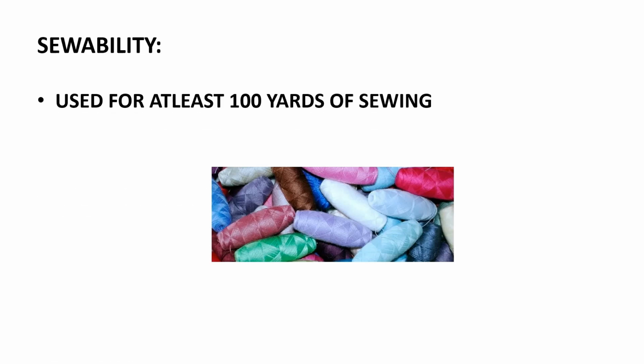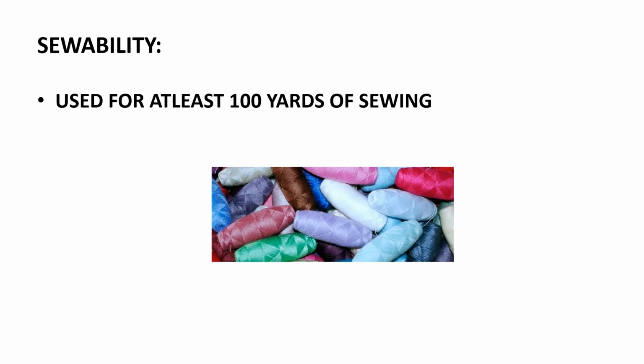Now sewability. We also talked about how much length of the thread is there. This is used for at least 100 yards of sewing, so the thread package should be made in such a way that at least 100 yards should be there. Now students, you may ask, why 100 yards? Why not 1000 yards?